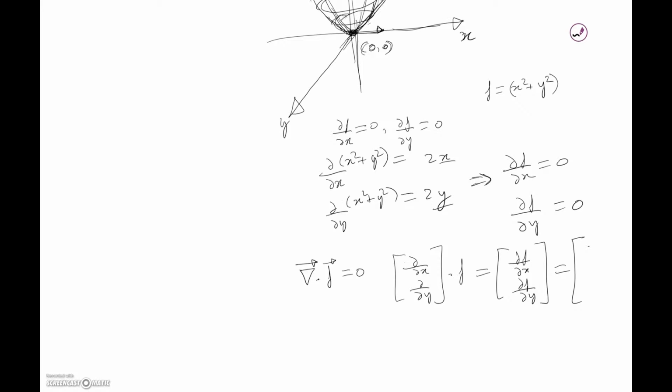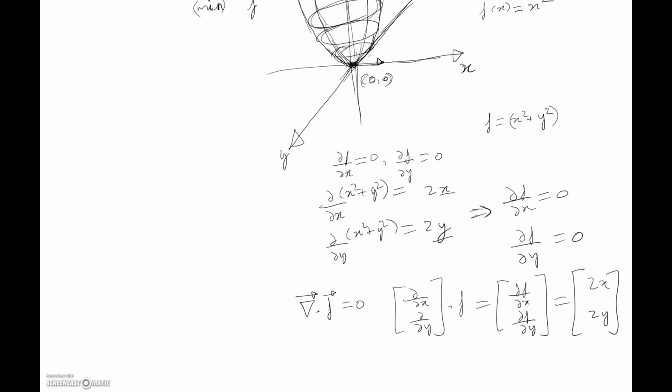And as we showed above, this is just 2x and 2y, and at the origin this is the 0 vector. So in order to minimize a function or optimize a function, we need the gradient vector to be 0.